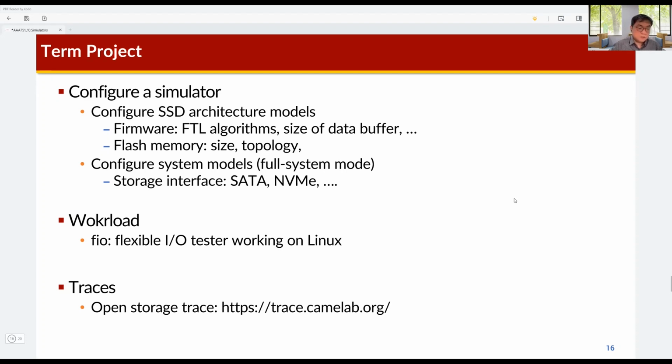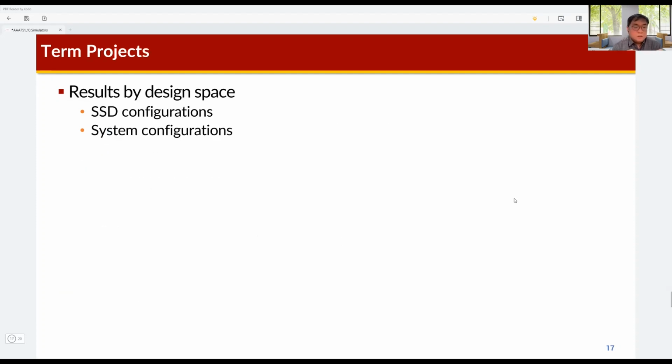You can get these traces from this site, okay? So you can collect performance results, performance statistics, or cost statistics by design space, like SSD configurations or system configurations, or just compare performance or energy or power consumption across various configurations. Okay.